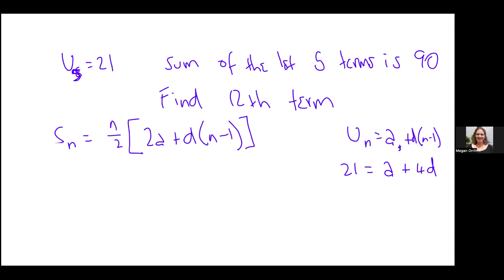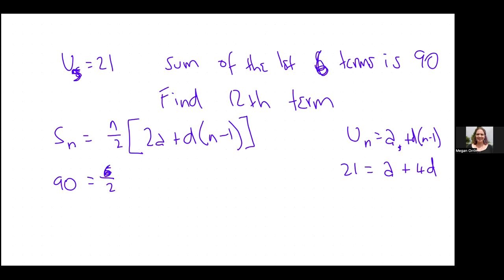But what I can do is do a very similar thing with this and get some simultaneous equations. So I know the sum of this is 90, don't I? I know that n is 5, so I've got n over 2 as 5 over 2. Ooh, you know what? That should be 6. That's going to make this a lot easier. I was like, why am I getting fractions?